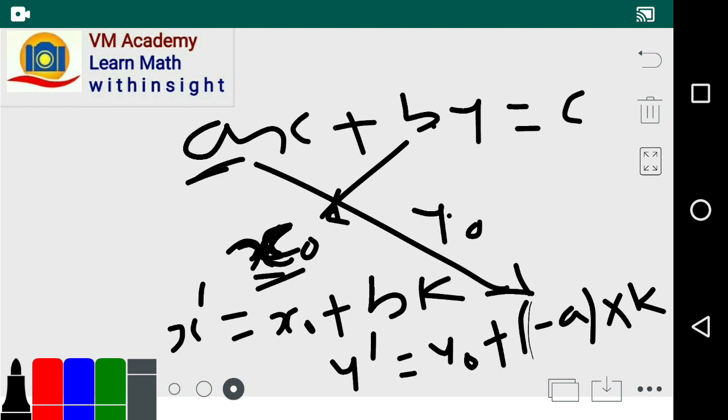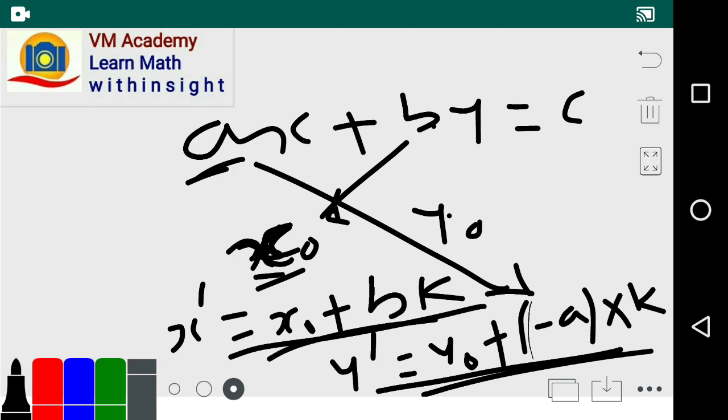In this manner we get other integer solutions of this equation.